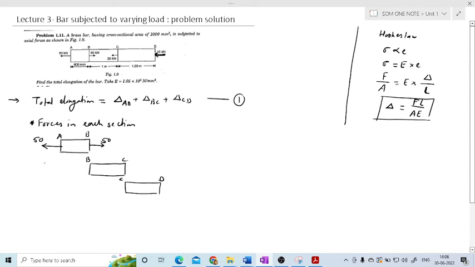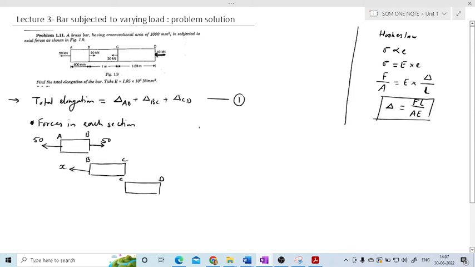We don't know the force here, so we have to consider one force at this B. Consider any direction. I will consider towards left and the force value as x.